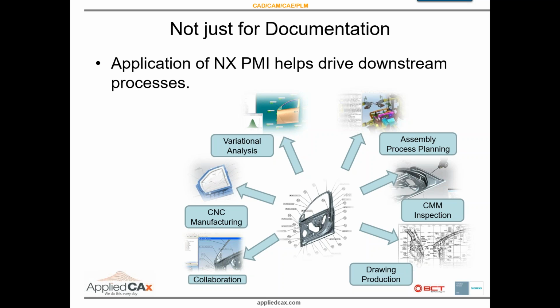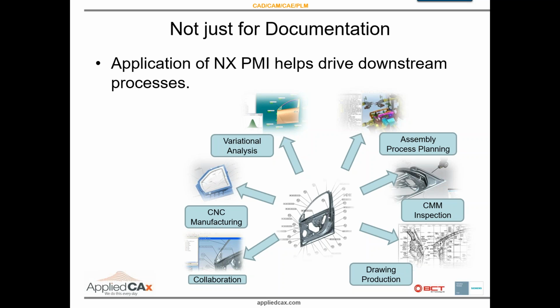CMM inspection can consume the PMI and reduce your programming time using NX CMM. And you can always take the PMI that's on your 3D model and pull it into a 2D drawing, so you're not going into a dual documentation environment.